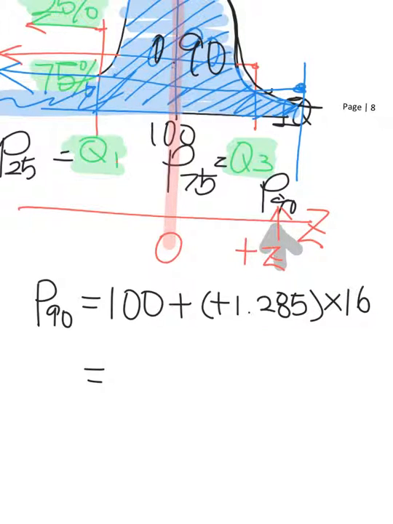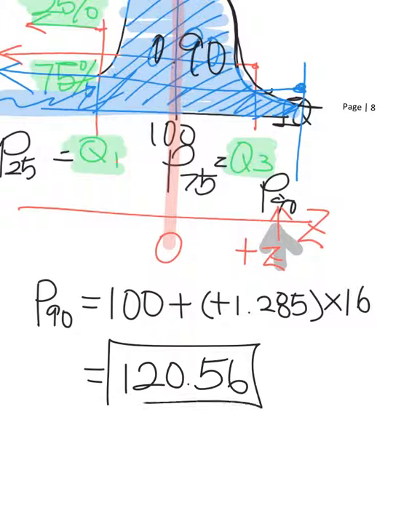Anybody? It must be bigger than 100 because the 90th percentile was on the right-hand side. 120.56. It is the 90th percentile. Absolutely.